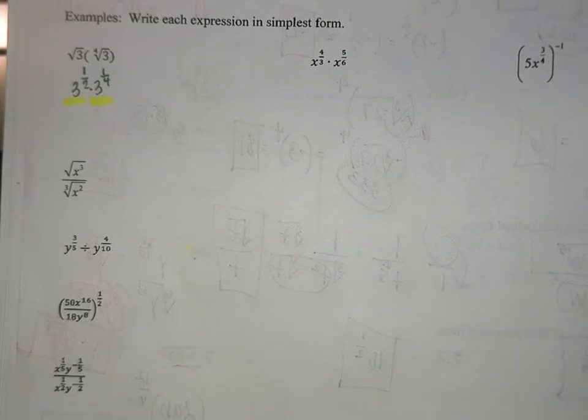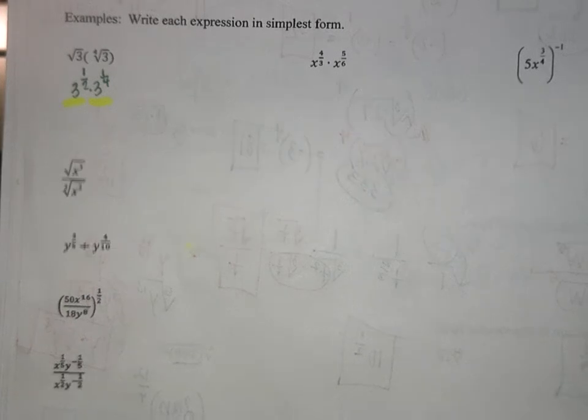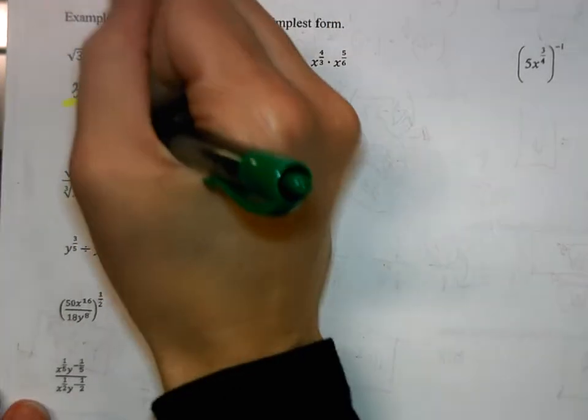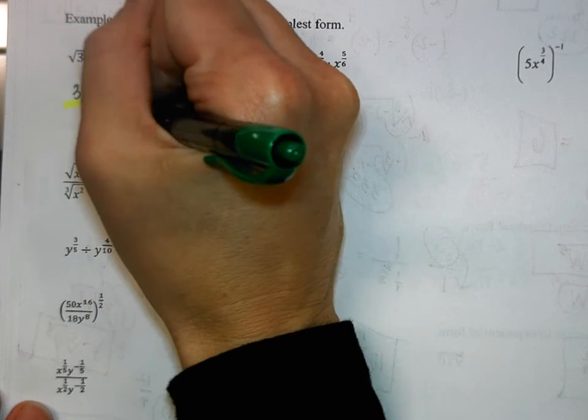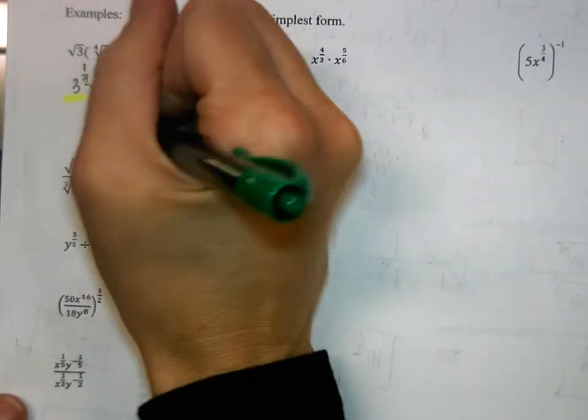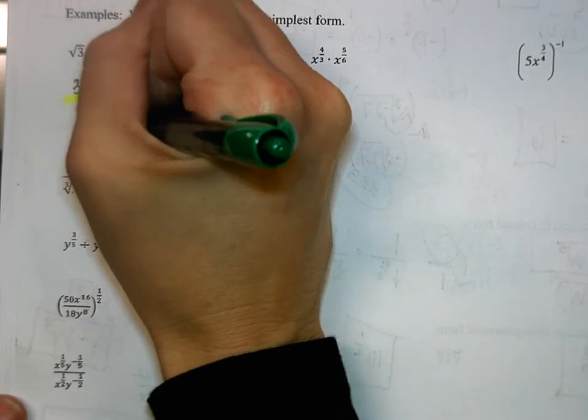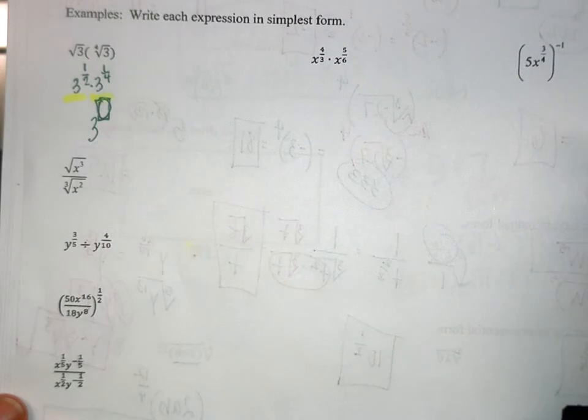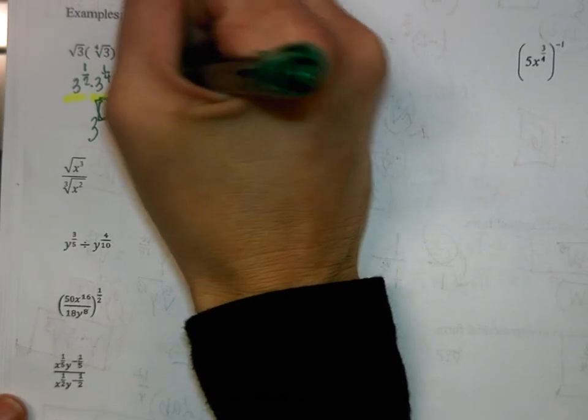So since they have the same base, that means you can add the exponents. So I know that my answer, the base is going to be 3. I need to add the exponents to figure out what value is going to go there. 1/2 plus 1/4.